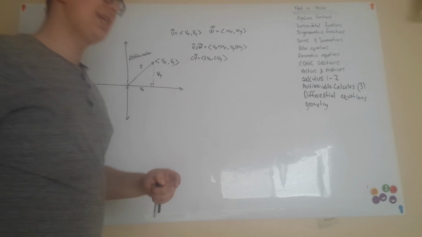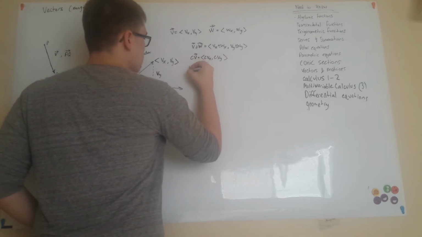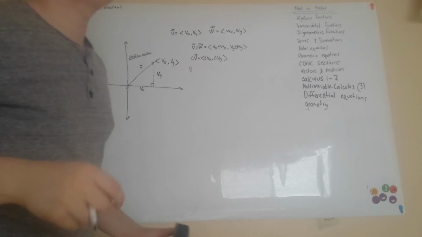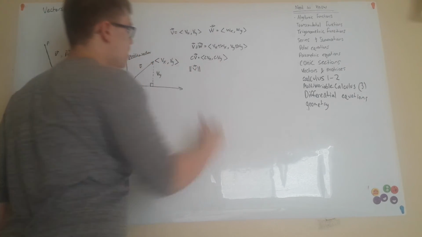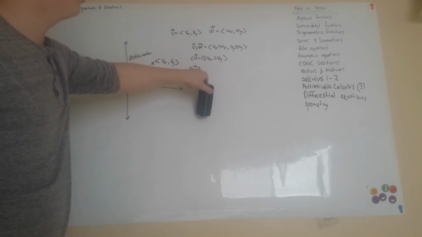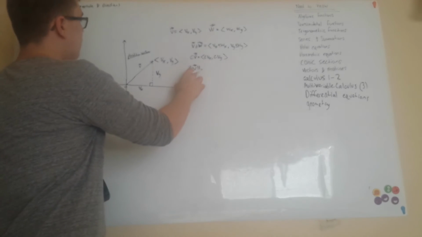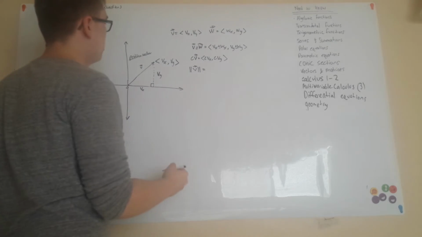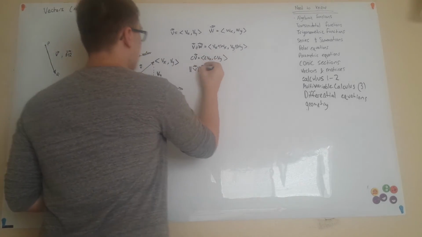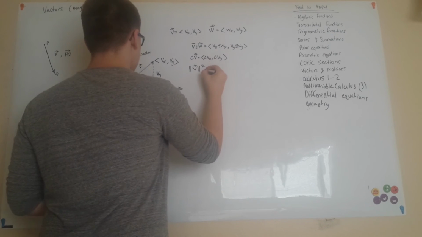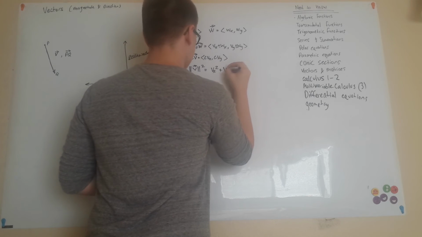The way we notate magnitude of a vector is we do a double absolute value kind of thing. We do that, and that's called magnitude of vector V. That's how you pronounce it. Magnitude of vector V equals, wait, the Pythagorean theorem says this side squared equals this side squared plus this side squared.